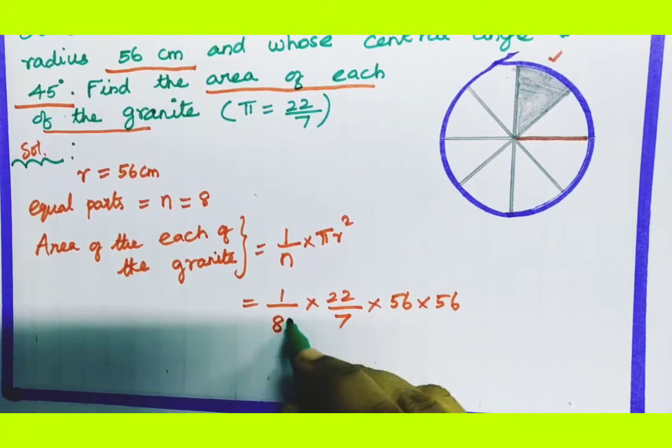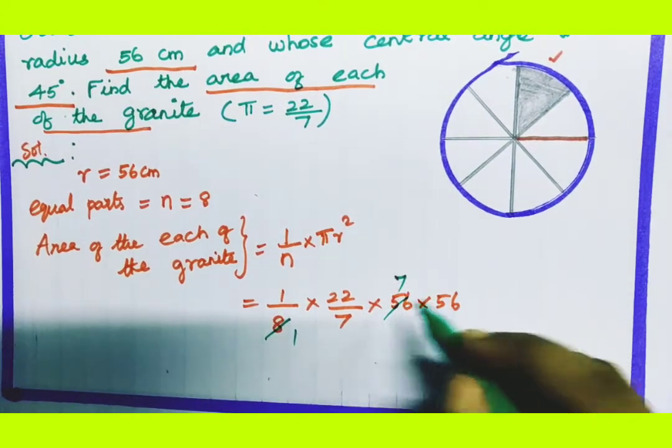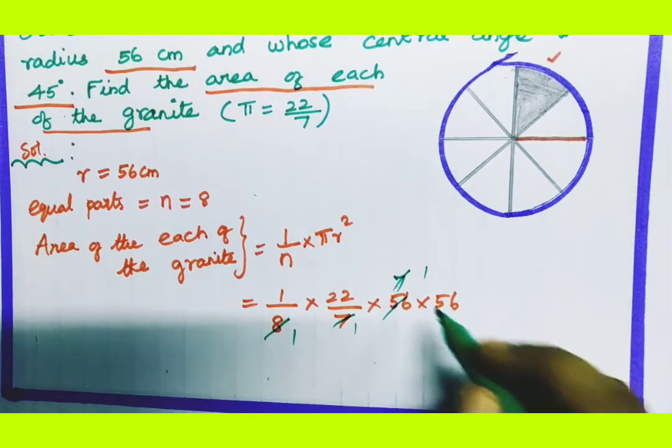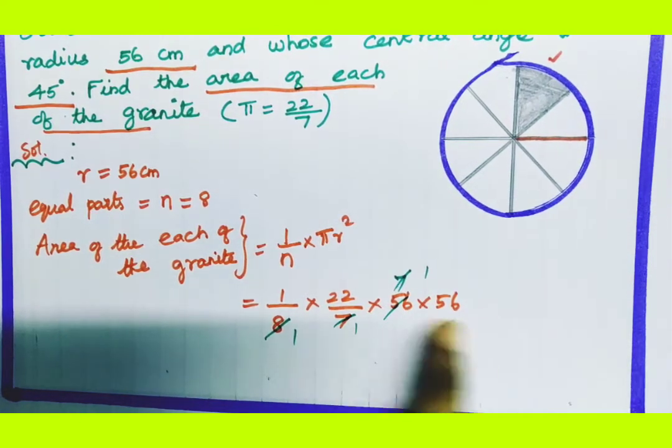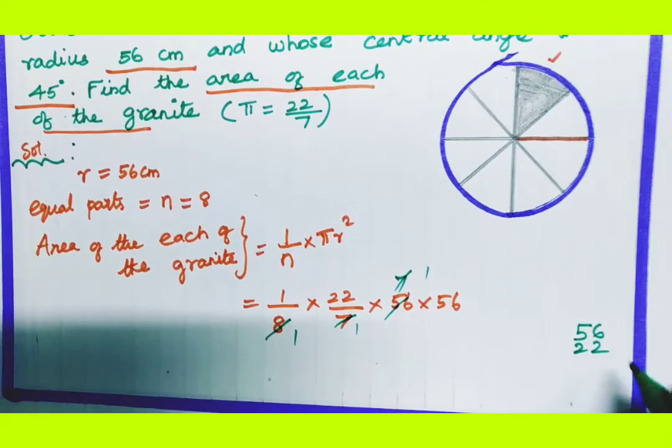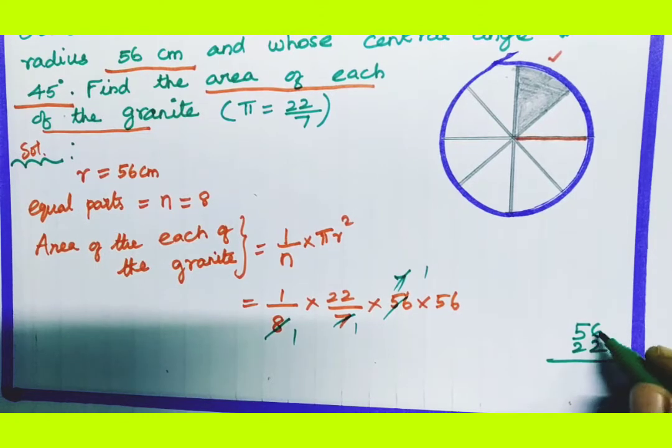Cancel it. 1 8 is 8. 8 7s are 56. One time, this one time. Now I want to multiply only these two, 56 and 22. So 6 2s are 12. Remaining one, 5 2s are 10. 10 plus 1 is 11.